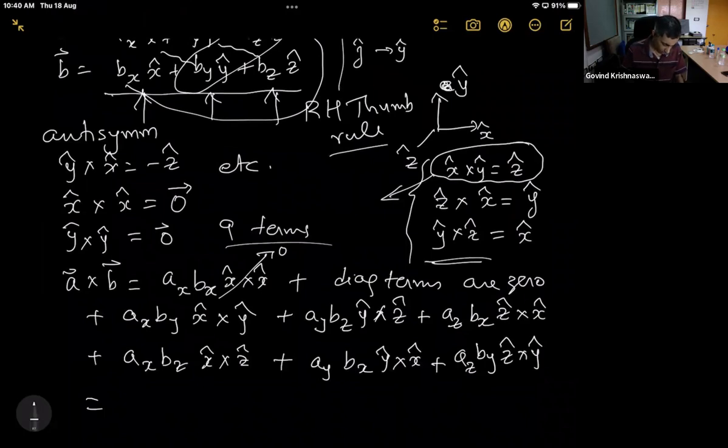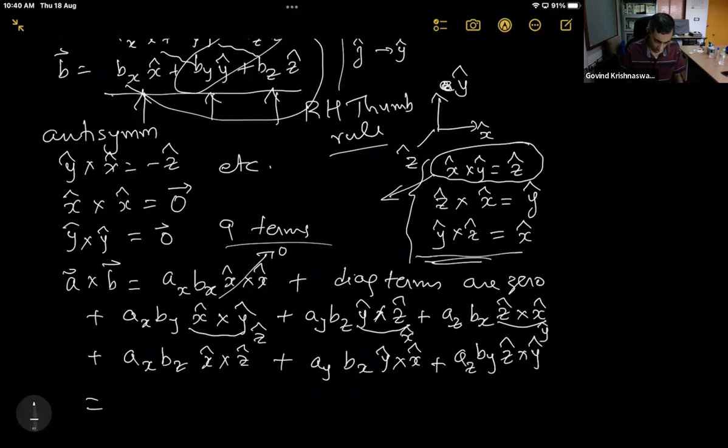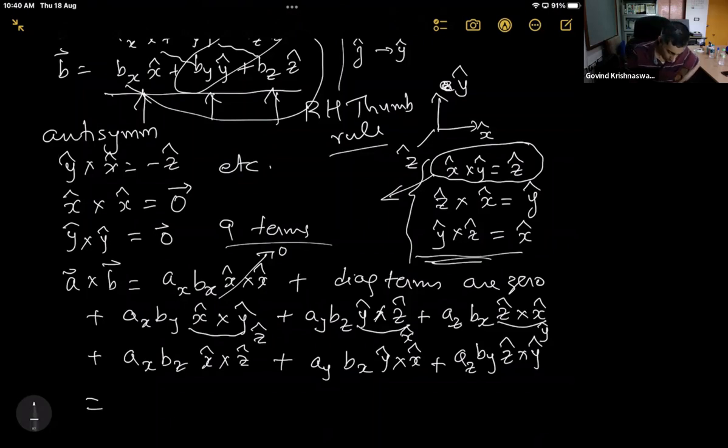Now all we need to do is simplify it a little bit. X cross Y is Z, Y cross Z is X, and Z cross X is Y. Those we have just established, and you will notice a pattern here. There is a cyclic symmetry. So it's often nice to write it in a way that reminds us of that.